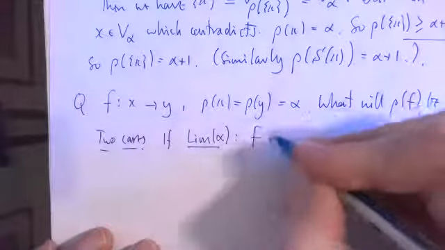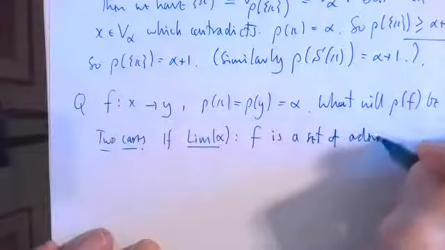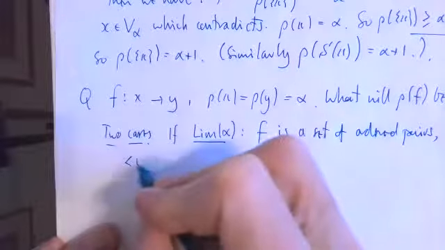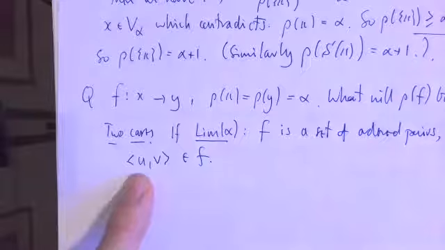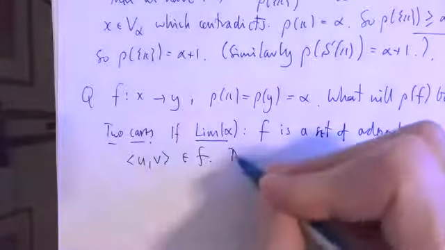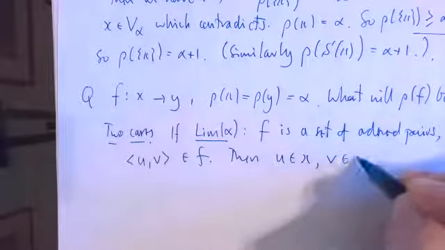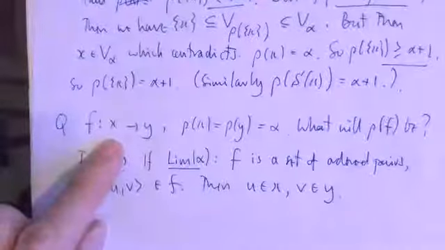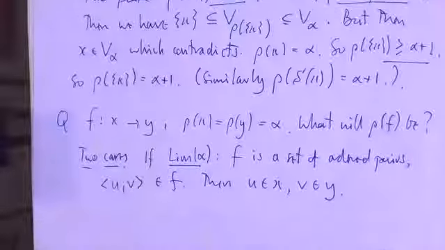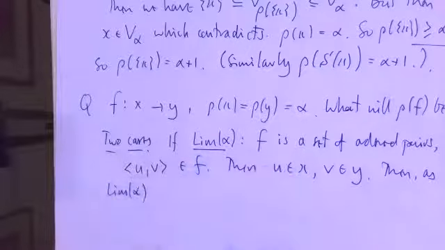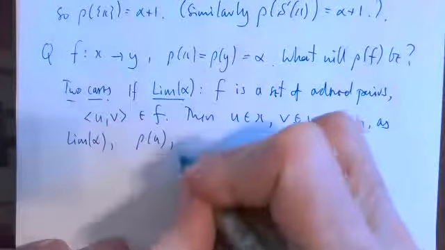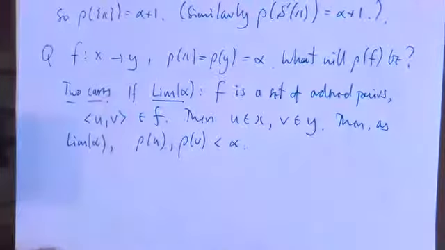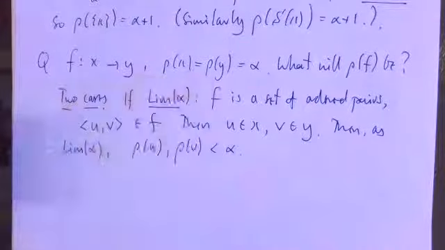What is F? It's a set of ordered pairs. If F of U equals V, then officially this ordered pair is in F, and U is in X and V is in Y, because it's a function from X to Y. Then as alpha is a limit, the rank of U and the rank of V are less than alpha, because the rank of X and Y is alpha.